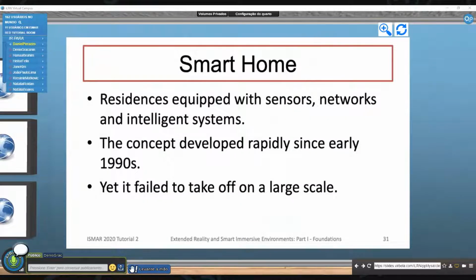So when we talk about the concept of smart home, we are looking at residences equipped with sensors, networks, and intelligent systems. And that's something that started in the 90s, but yet it failed to take off on a large scale. One of the reasons is, of course, the cost involved, because in order to create a smart home, it takes a lot of investment, and technology was quite expensive.